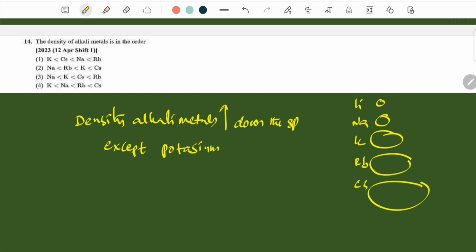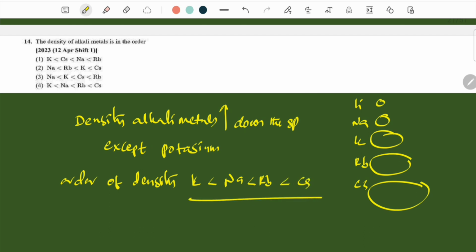Therefore the correct order of density of alkali metals is potassium less than sodium, less than rubidium, less than cesium. This is the order of density. So the option is the fourth option.